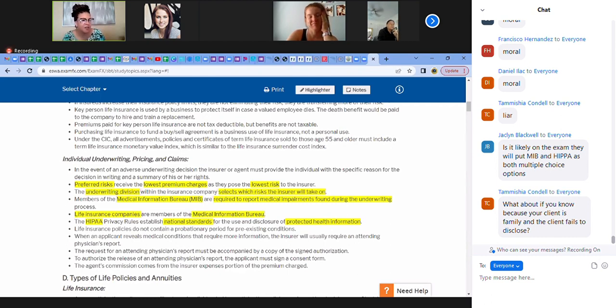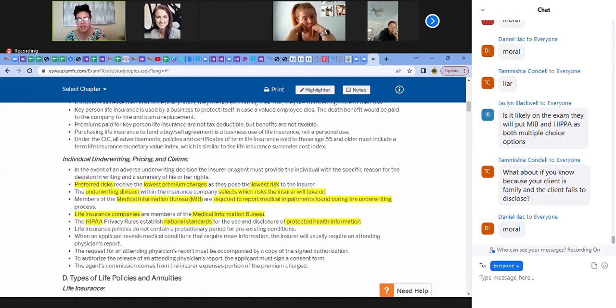Okay, what about if you know because your client is family and the client fails to disclose it? That's a catchy one because on the question, this is why too, we like to say, someone else should be writing your close friends and family because you do know personal information. And there's a question on there that says, do you know of any information not disclosed on here that would prevent them from getting insured?